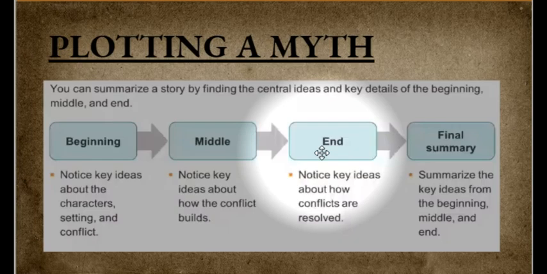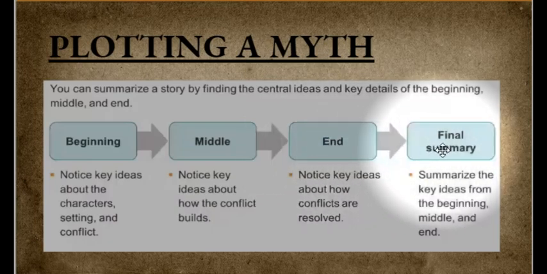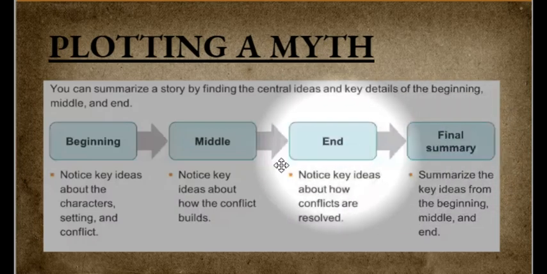All right, so if we're thinking back to Moana, how does her conflict get resolved in the end of the story? What happens so that she's able to feel more free and that she keeps her island from dying? When you're writing that final summary, you're going to summarize key ideas from the beginning, the middle, and the end of the story.